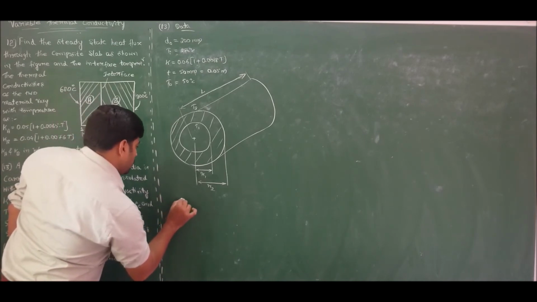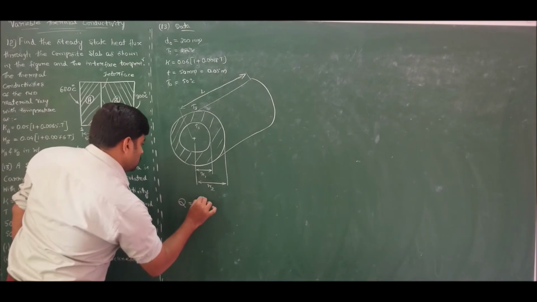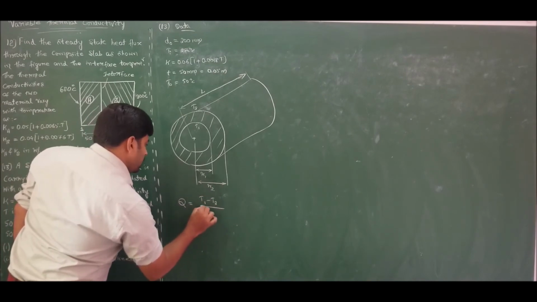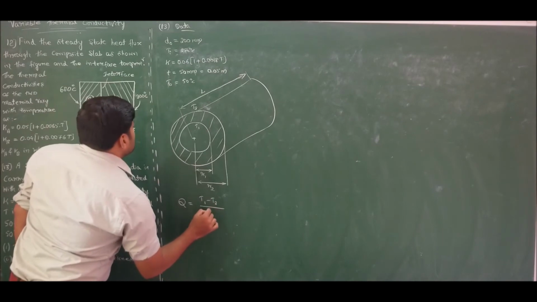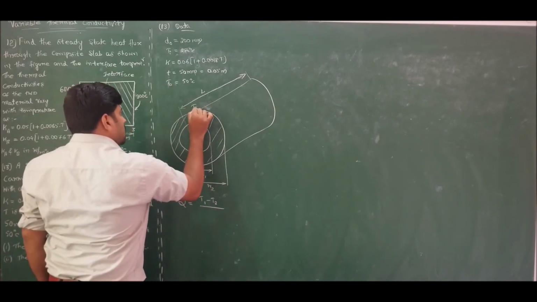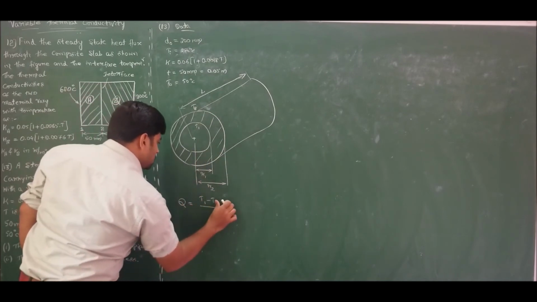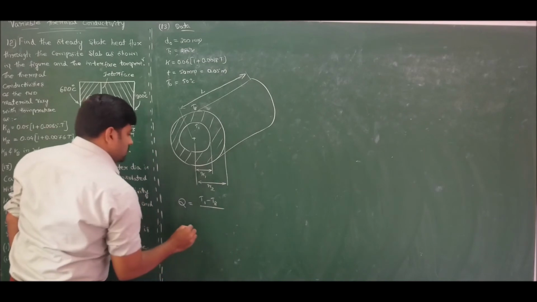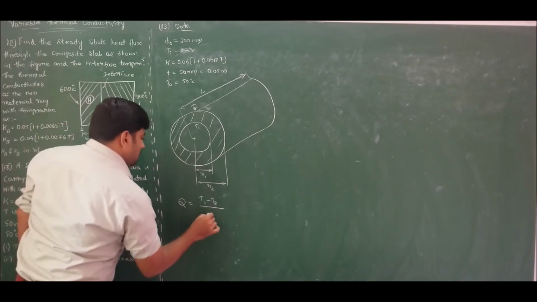So for the given problem, heat flow Q is equal to T1 minus T2 divided by resistance. Let me take it as T2 itself at the outer surface.